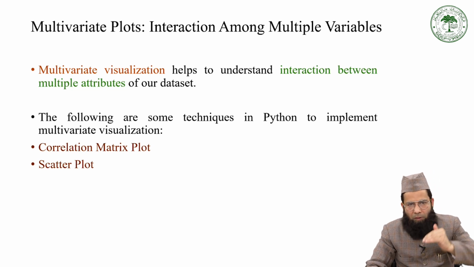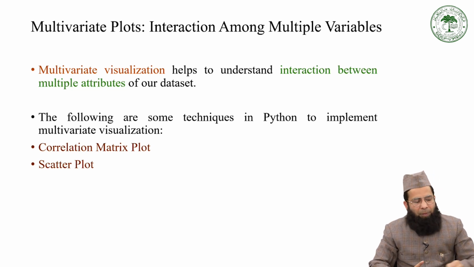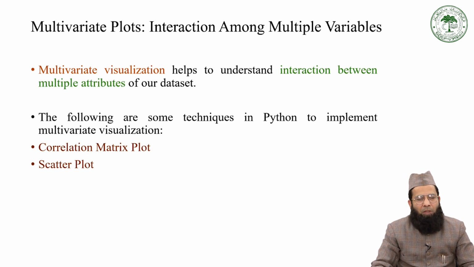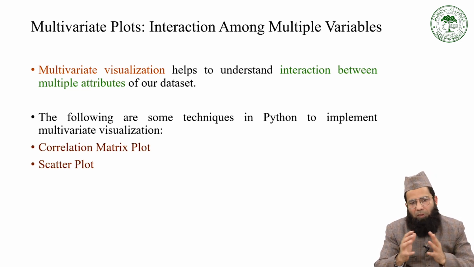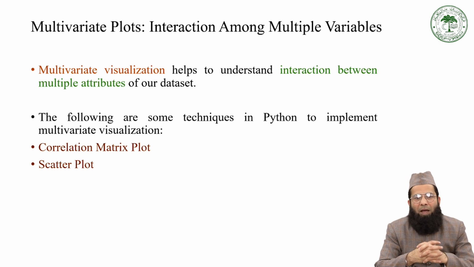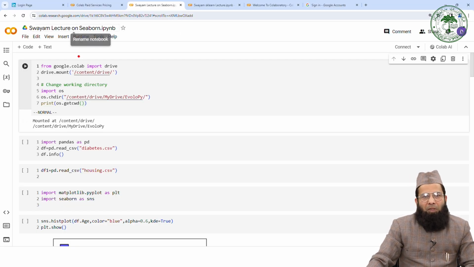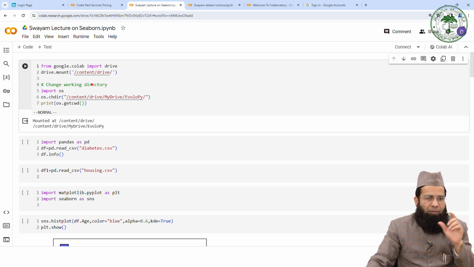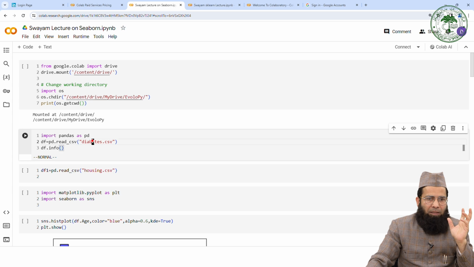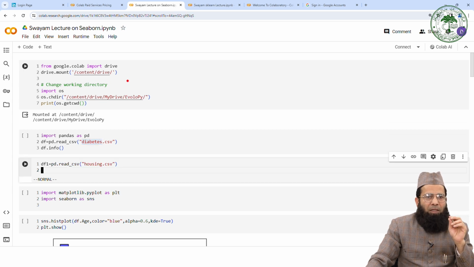So this was all about univariate plots. Now let me switch to the Google Colab where I will show you how univariate plots can be drawn. So here I have stored both the data sets, that is the diabetes data set and the housing data set, in my Google Drive, right?